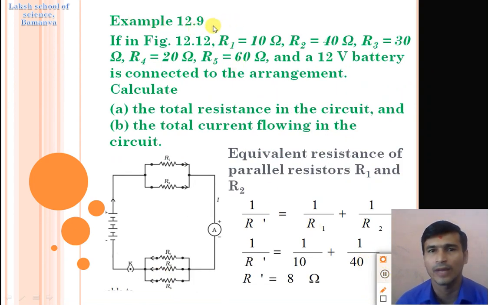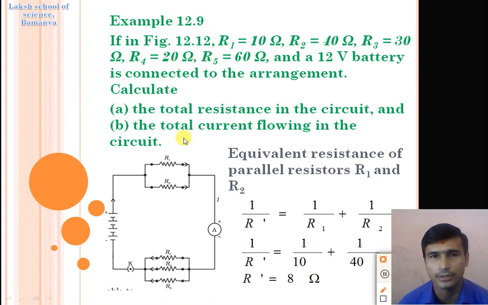Example 12.9. In figure 12.12, given the figure like this, R1 and R2 are connected in parallel, and R3, R4 and R5 are another combination of resistors. So five resistances: R1 is equal to 10 ohm, R2 is equal to 40 ohm, R3 is equal to 30 ohm, R4 is equal to 20 ohm and R5 is equal to 60 ohm.